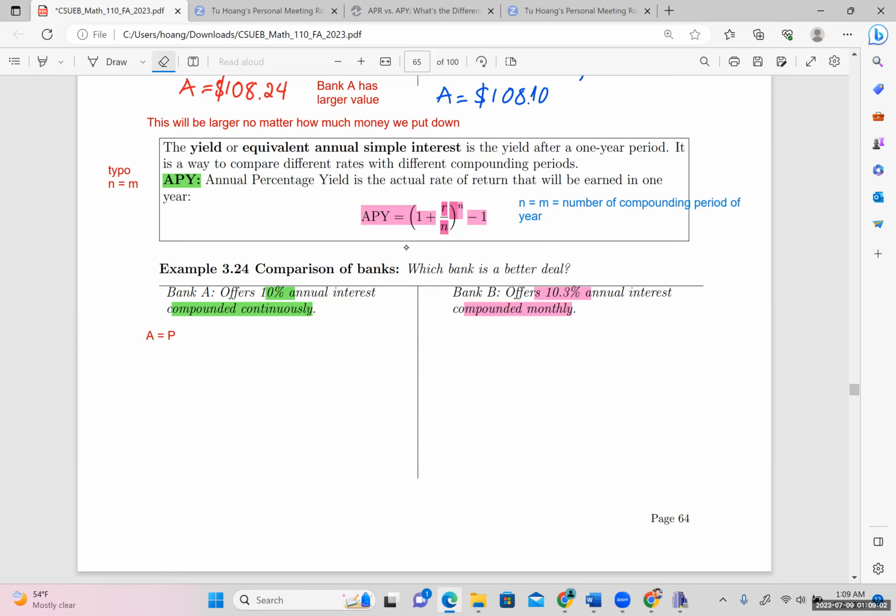We did use N, but M is the number of compounding periods per year, so we're just gonna change this N to be M, please.